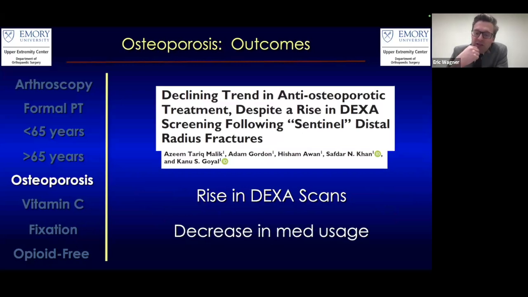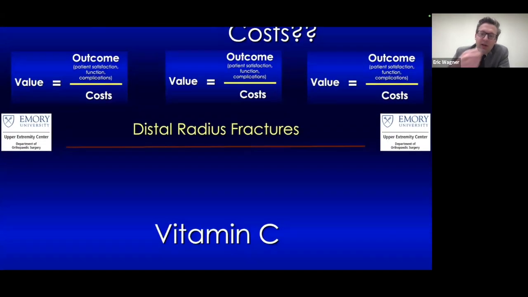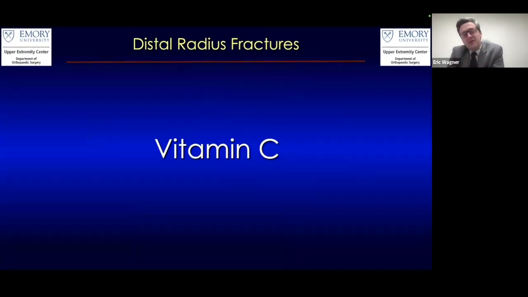That being said, unfortunately, the medication used for treating osteoporosis is actually on a decline, and I'm not sure how we can understand or resolve that the DEXA are increasing, but medication use is decreasing. Something I think we're still working through. And so this is something where I think osteoporosis has a lot of value. I do think it should continue to receive a lot of attention, and hopefully will over the coming years.